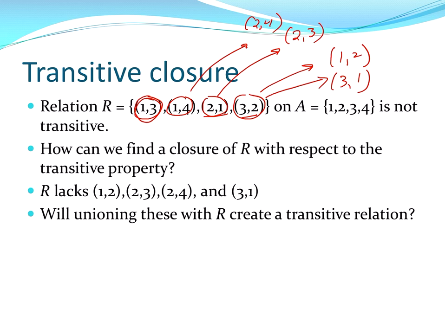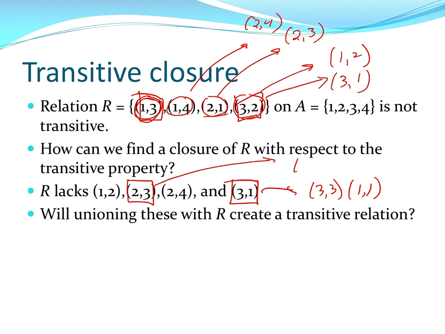But look, I've got (3, 1) and (1, 3), but no (3, 3). And (1, 3) and (3, 1) should also require (1, 1) to be there. (2, 3) and (3, 2) will require (2, 2) to be there.